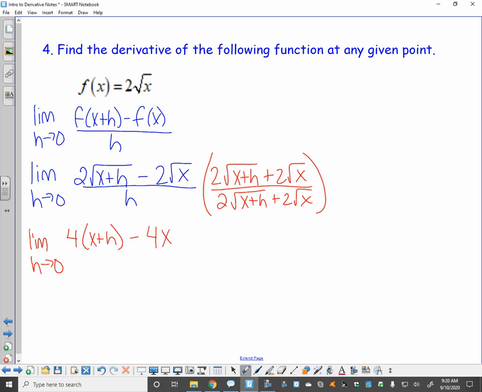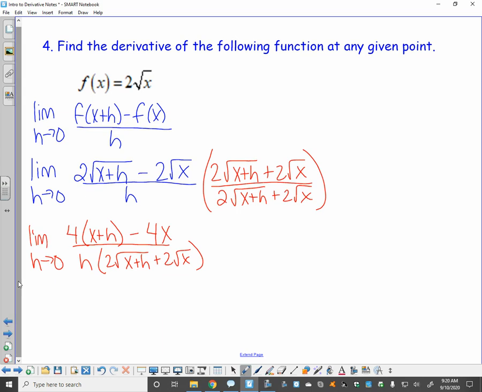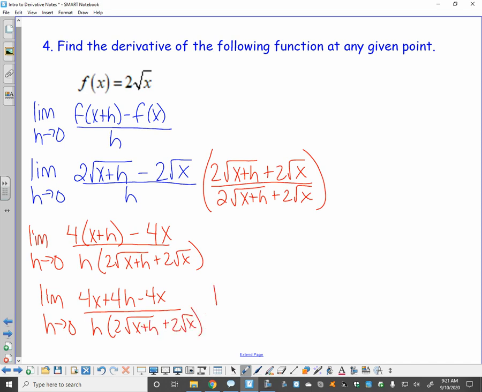Root of cow times a cow is a cow. Again, I'm moving fast because I assume you've already done this. You're just checking your work.